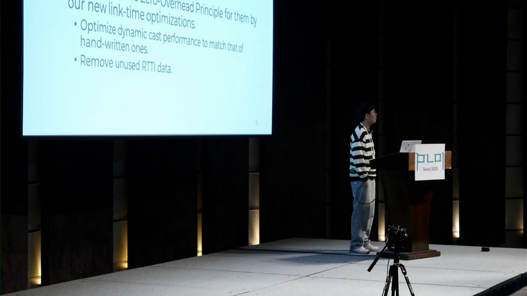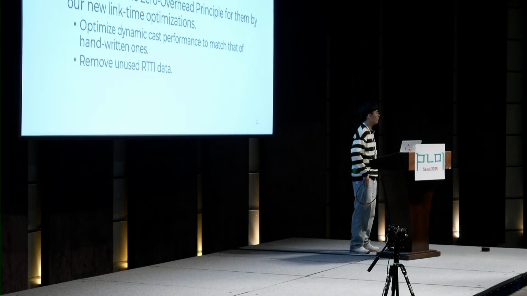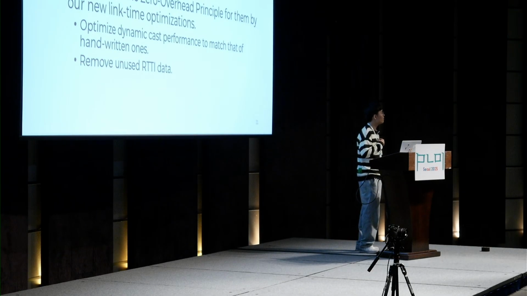Or does it actually even work if the dynamic cast is 3 or 4 functions away, or maybe more, from the actual class instantiation? Sorry, could you repeat your question? What could your optimization do if the point of class instantiation is far away from the dynamic cast?